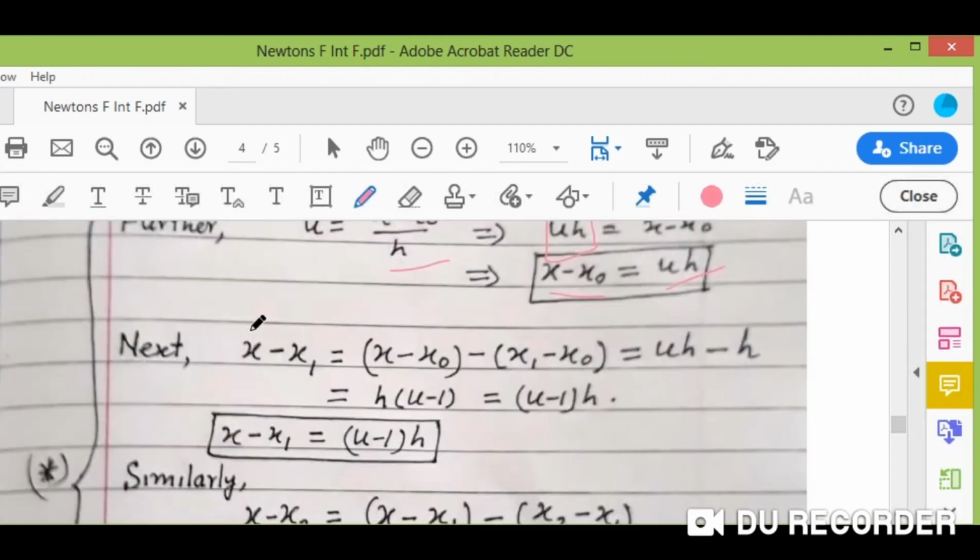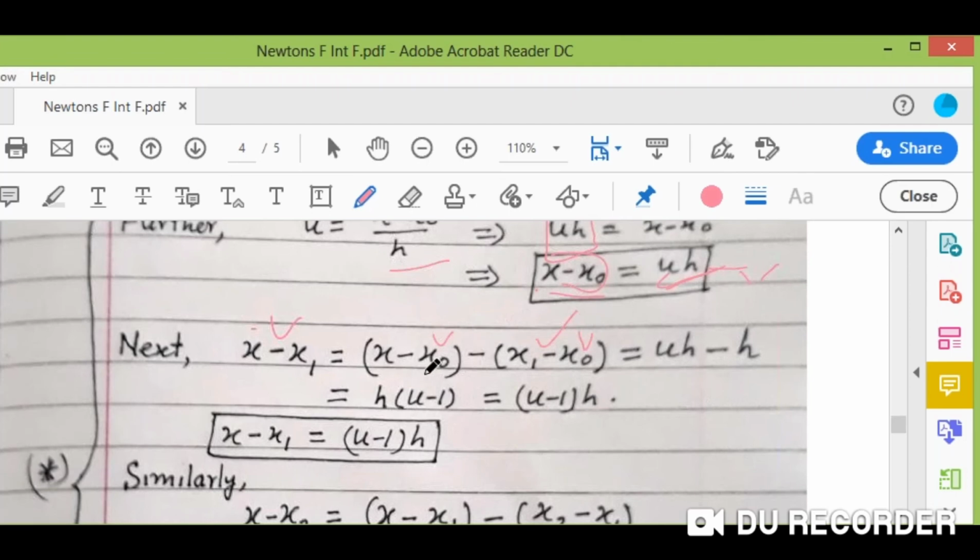This is the first way of writing it in terms of u. Similarly, x minus x1 is written as x minus x naught minus of x1 minus x naught.